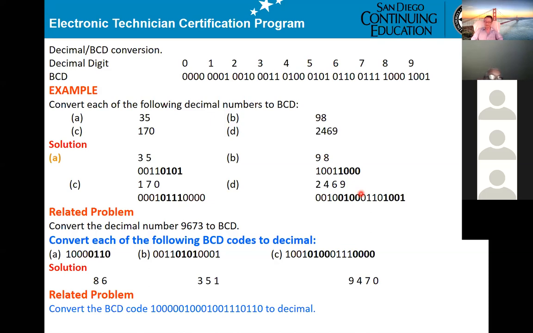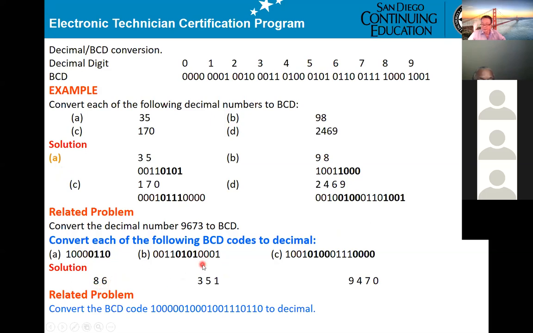Then you convert BCD to decimal the same way, from the right to the left, dividing into 4 bits. The first one, 0110, is number 6, and 1000 is number 8, so 86.